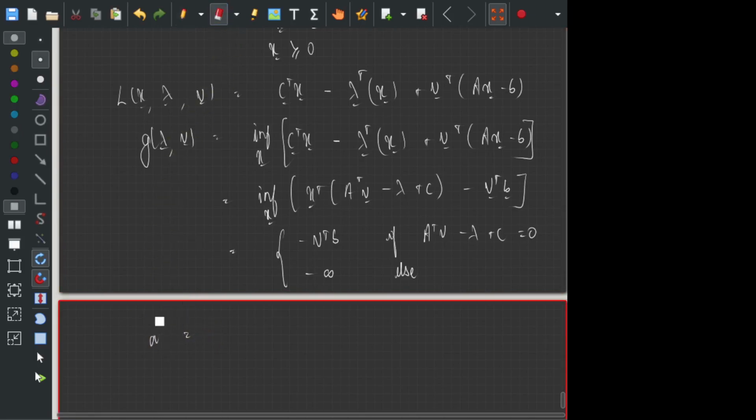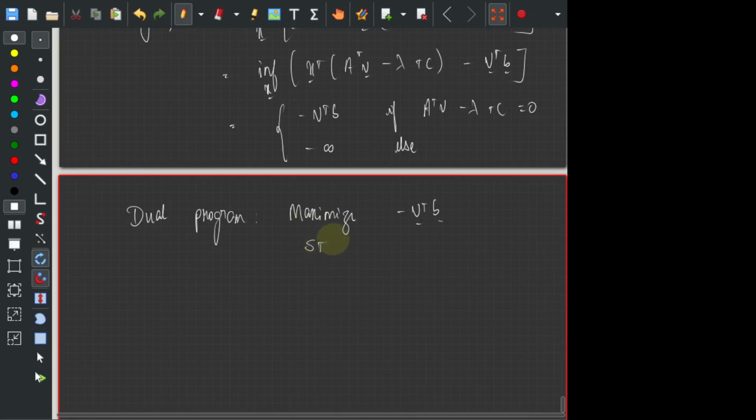Or in other words, the dual program is to maximize minus v transpose b subject to lambda greater than or equal to 0 and A transpose v minus lambda plus c equal to 0.